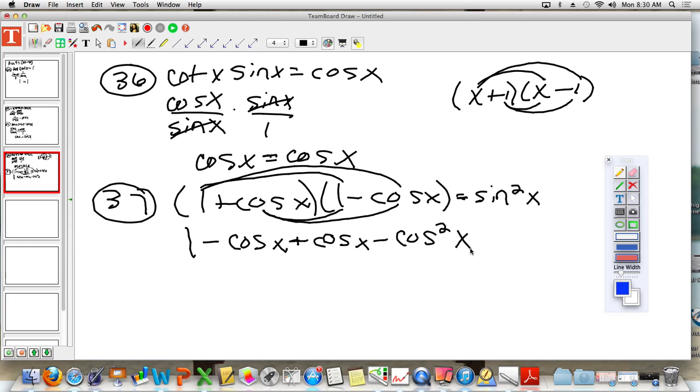All right, what's going on here? What can I cancel out? The positive and negative. We have a minus cosine of x and a plus cosine of x. They cancel right out. What are you left with? 1 minus the cosine squared of x. Now, the other day, we wrote some identities down in our notes.